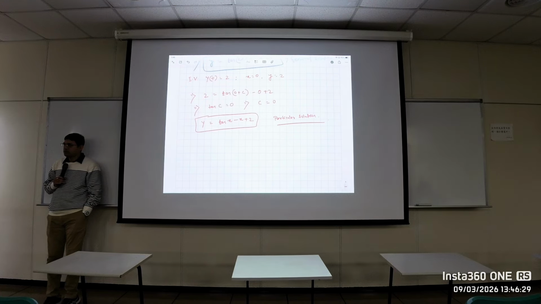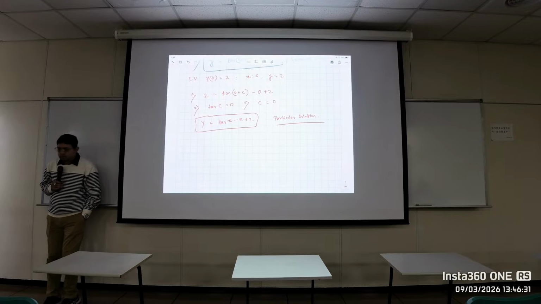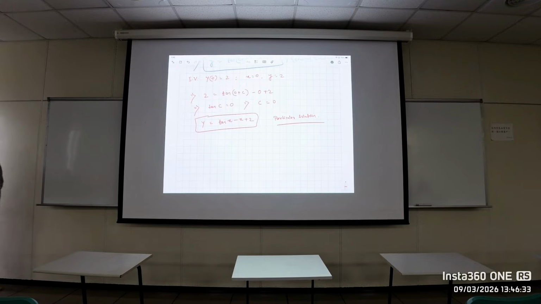Okay, so we saw some problems using initial value. There are many problems out there. I will try to give some flavor of different types of initial value problems. So let's move on to some application oriented separable ODE.